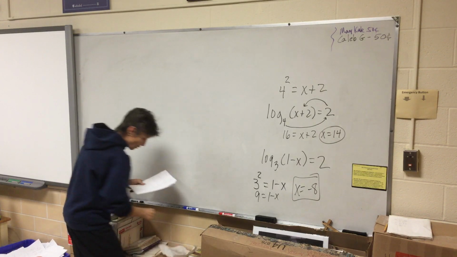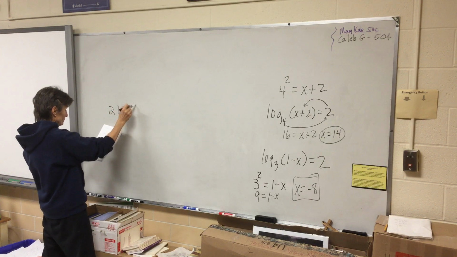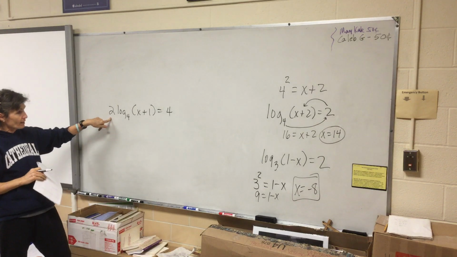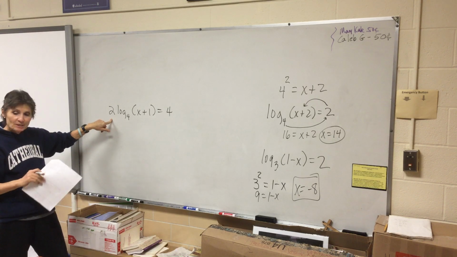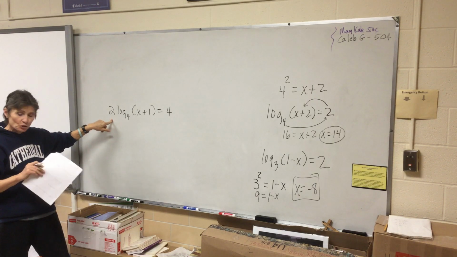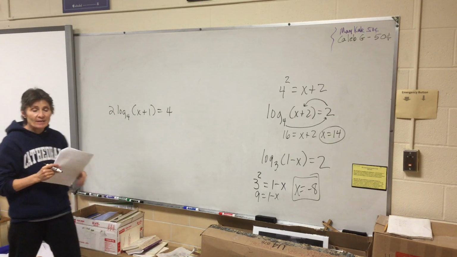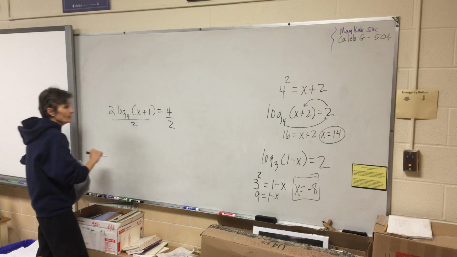These look a little harder, but they're not. You know exactly what you need to do. There's this number hanging around out here in front. You gonna make that an exponent? Actually, you could. You could just divide it over. But the easier option would be to just divide it over.